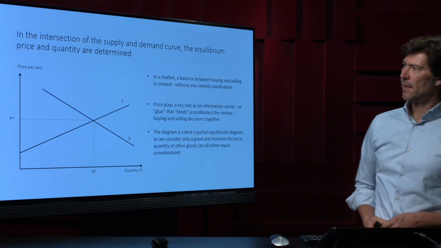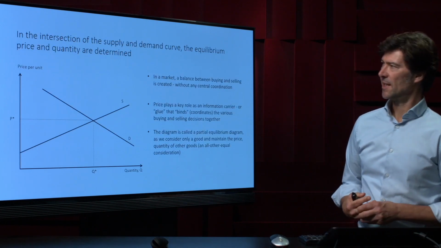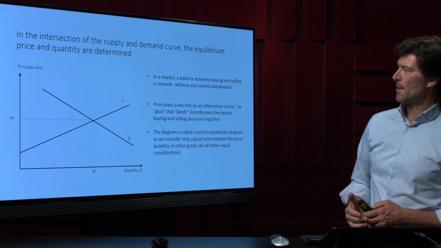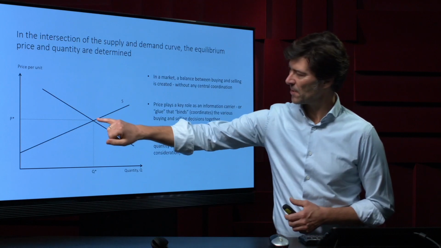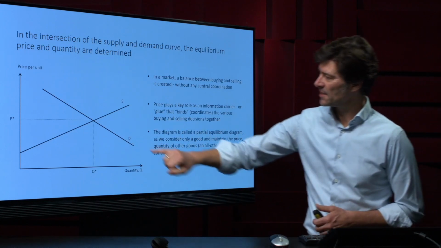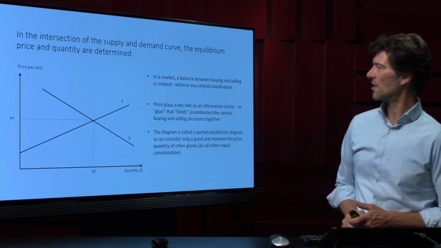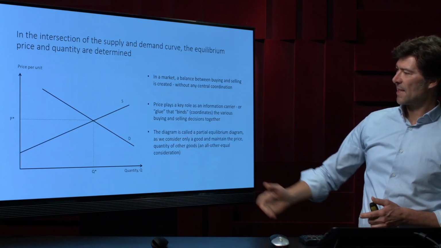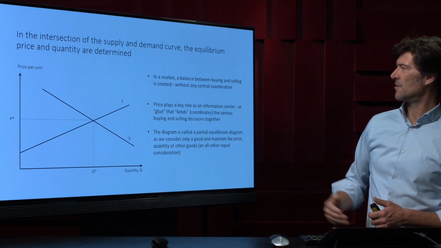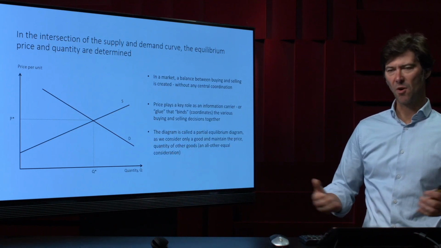And then we move into the equilibrium of the supply and demand curve, and the equilibrium is actually created where these curves intersect each other. So please notice that there is a balance in the market, and this balance is not created by any central coordination.